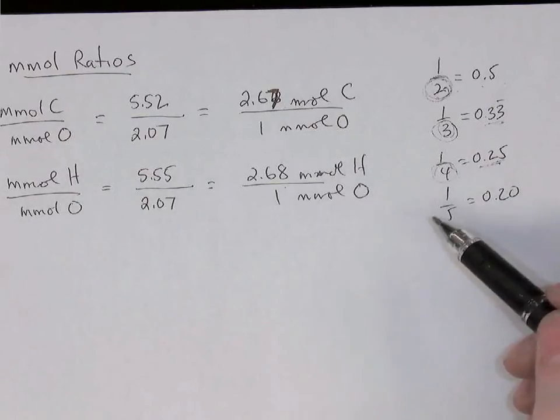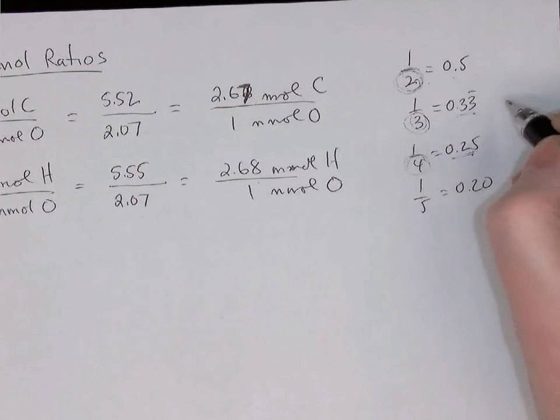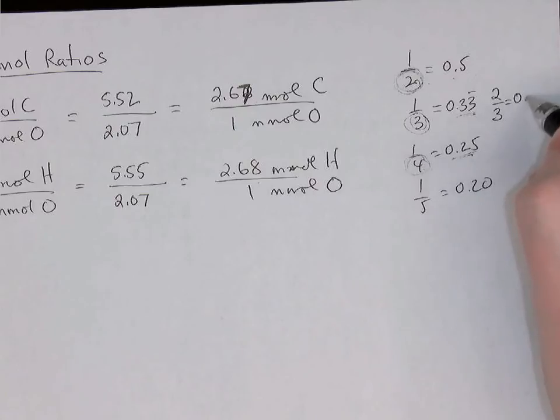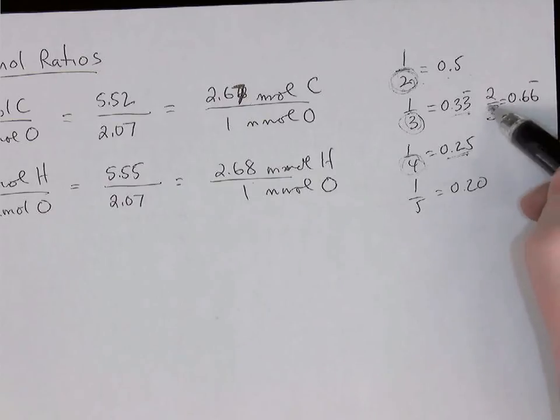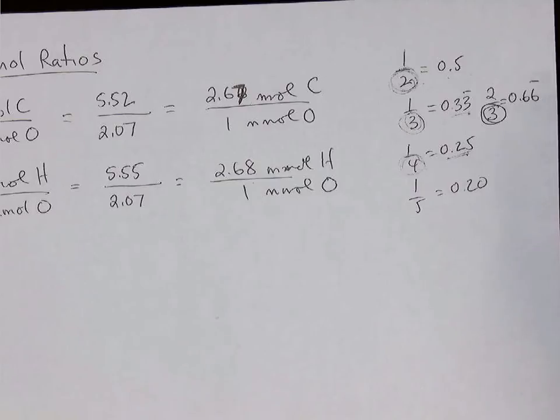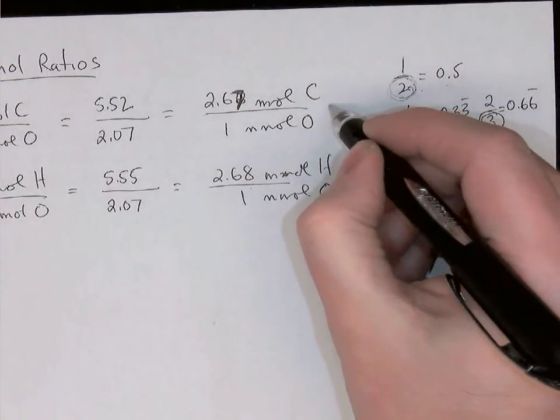Well, what do we do with 0.66 repeating? Notice that 0.66 repeating is simply 2/3 as a decimal. So again, if we want to convert it to a whole number ratio, we'll just multiply by 3, top and bottom. So I'm going to take that top ratio and multiply by 3/3.